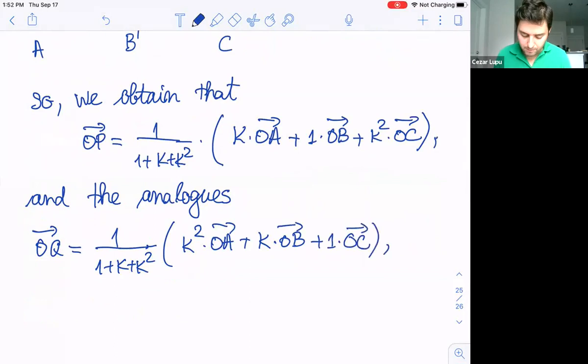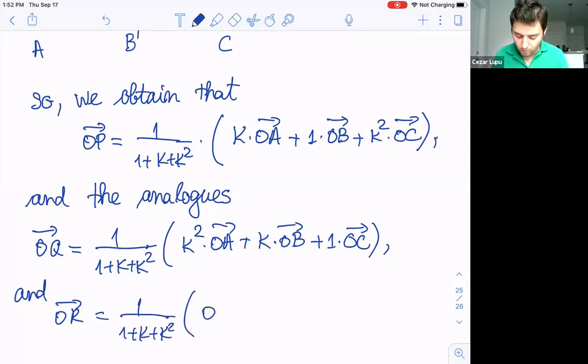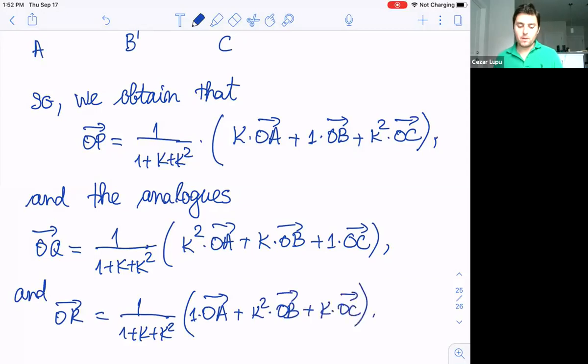And the last one, the OR vector, will be 1 over 1 plus K squared times 1 times the OA vector plus K squared times the OB vector plus K times the OC vector. Okay, so we have this.